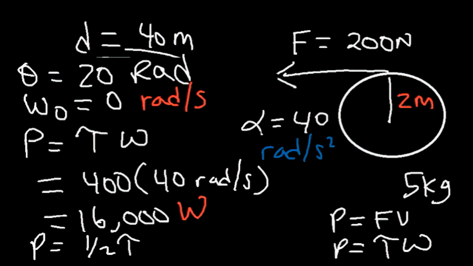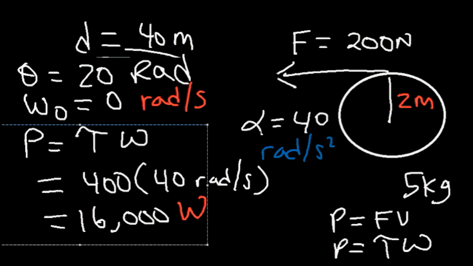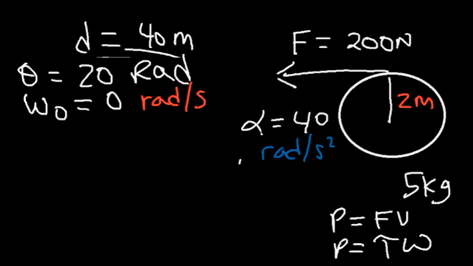Sometimes the angular speed may be constant, but the torque may be increasing at a constant rate. In this case, you need to use the average torque, which you add the initial and the final torque and then divide it by 2. So those are 2 ways to calculate the average power. But remember, the 16,000 watts is the instantaneous power. At the instant, the angular speed is 40 radians per second.